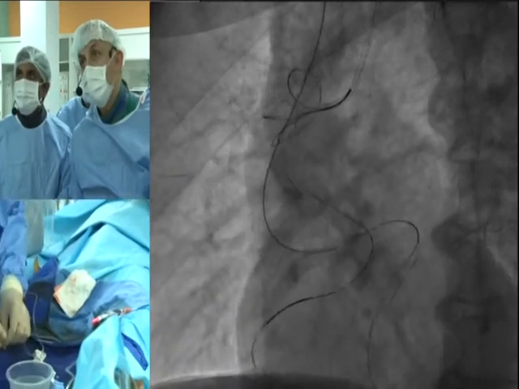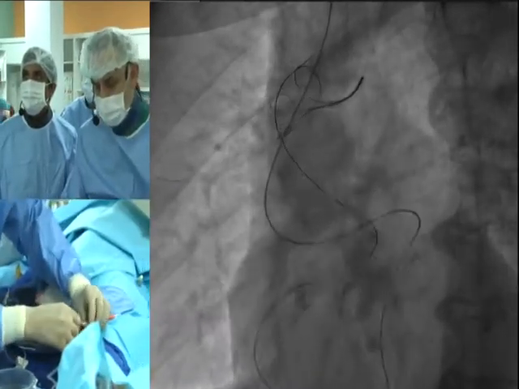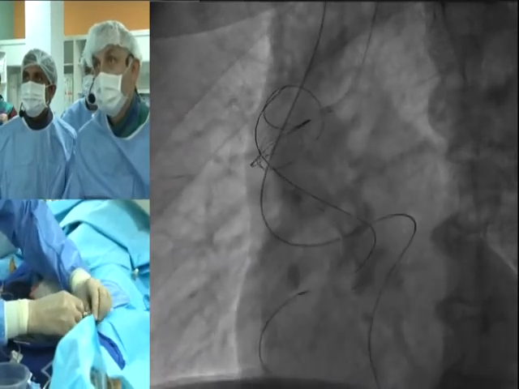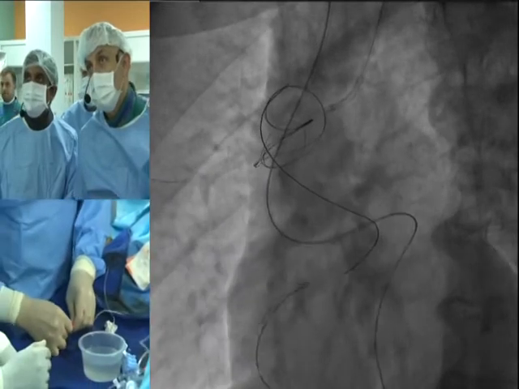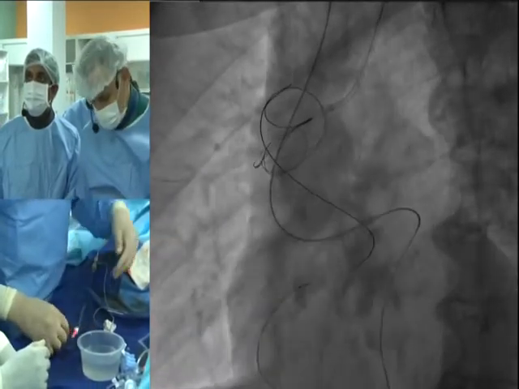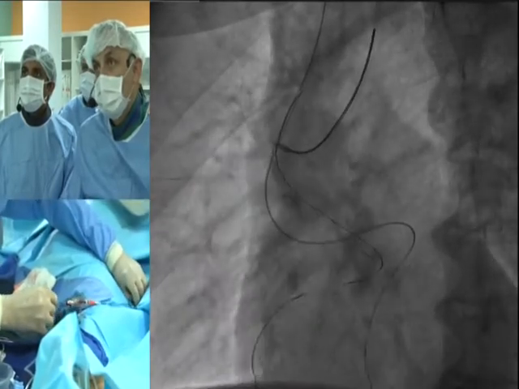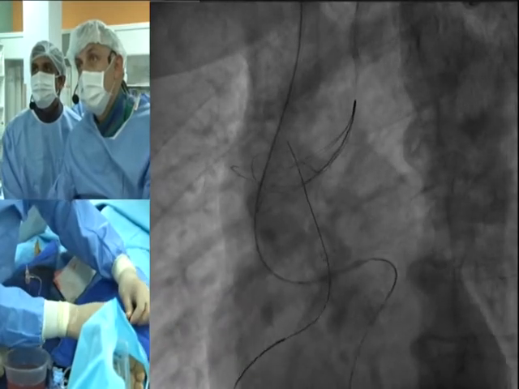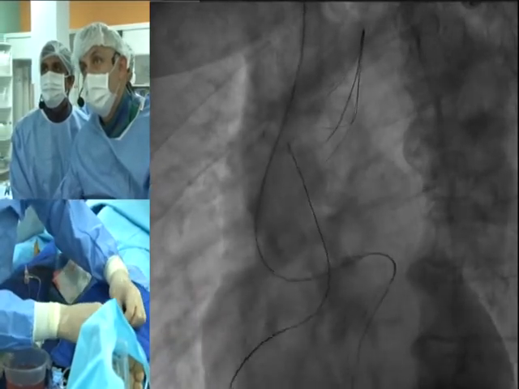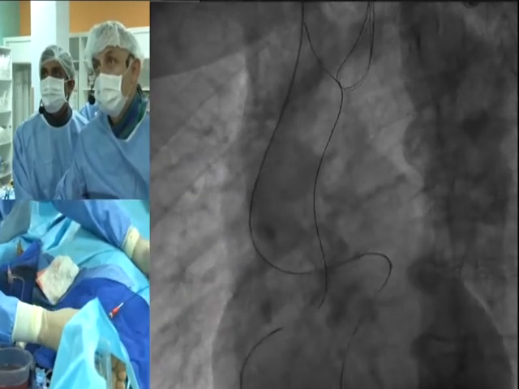So now we are trying to snare it. Now I snare it. Yes, more. This time. Okay.